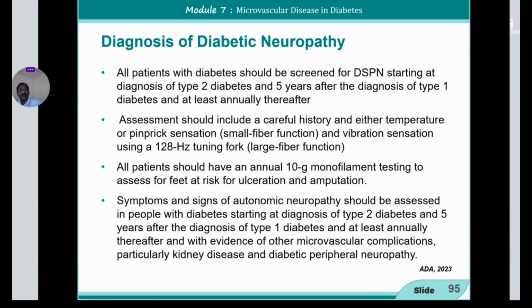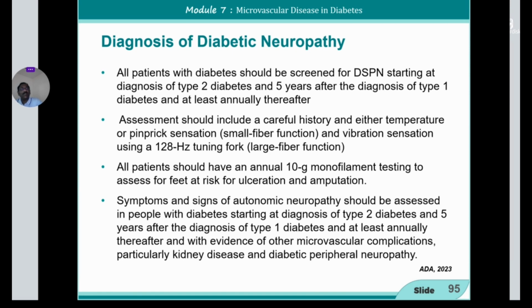Symptoms and signs of autonomic neuropathy should be assessed in people with diabetes, starting at the diagnosis of type 2 diabetes and 5 years after the diagnosis of type 1 diabetes, and at least annually thereafter, with evidence of other microvascular complications, particularly kidney disease and diabetic peripheral neuropathy. See, in our routine practice, whenever you see a diabetic with one complication, you check for other complications.